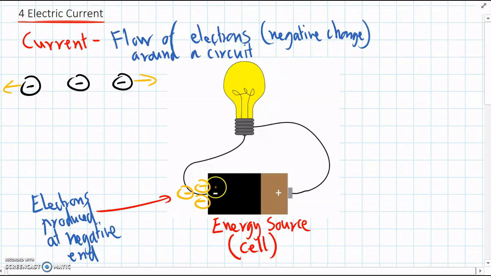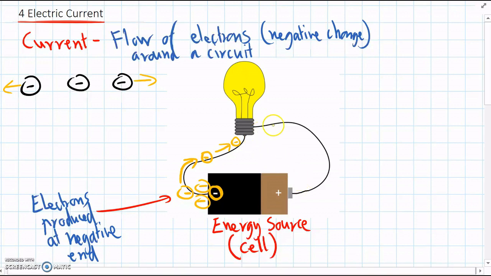And if the battery keeps producing more negative charge, then the only way for the electrons to push away is through the circuit and along the wire. And then the electrons already in the wire, they get pushed along too. And then they move near other electrons. So every electron is continuously pushing each other along in one direction.